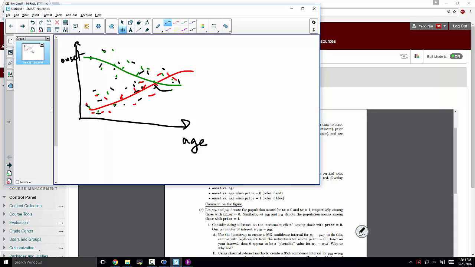You can do that with code that I put on the discussion board. For example, if your data frame is named DTA, then by saying with DTA, I can now refer to all of its column names, all of its variables directly, just by calling their names. So we could do plot age versus onset.